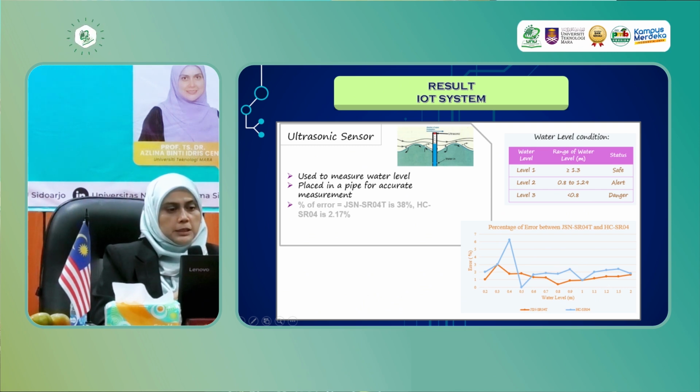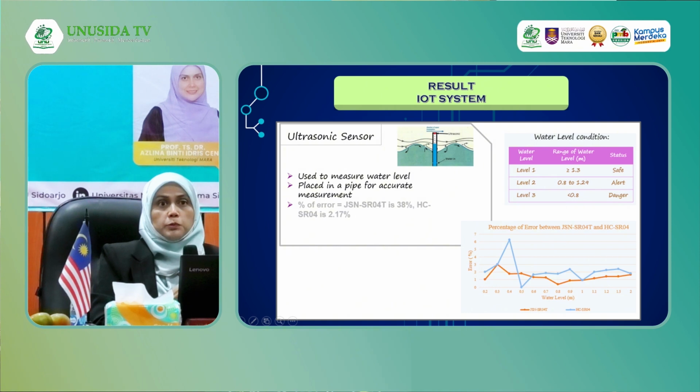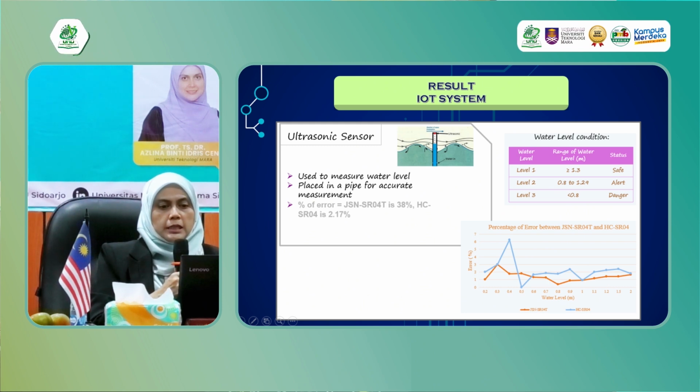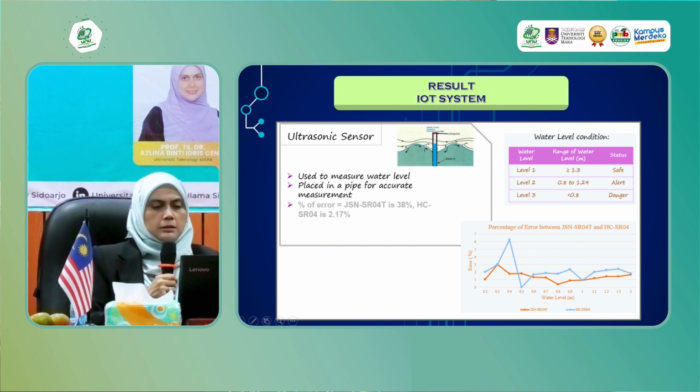You can see that from here, the percentage of error for GSN SR040 is 58% and HC SR04 is 2.17%. So in this case, for water level condition, for level 1, if the value of range of water level is greater or equal to 1.3, that means the status is safe. But if level 2, 0.8 to 1.29, alert, and level 3, less than 0.8, dangerous.